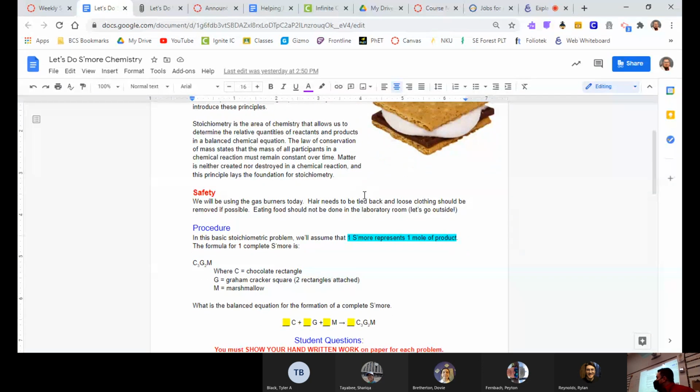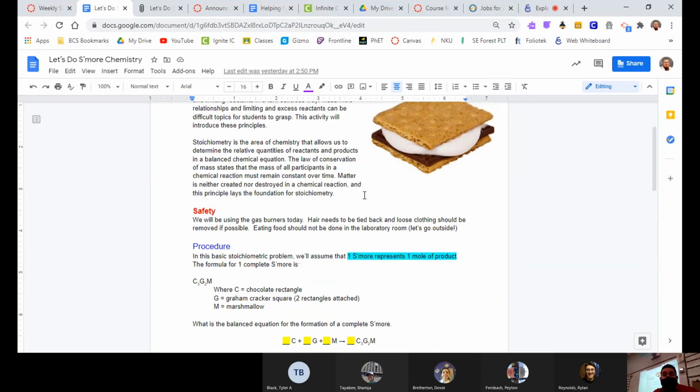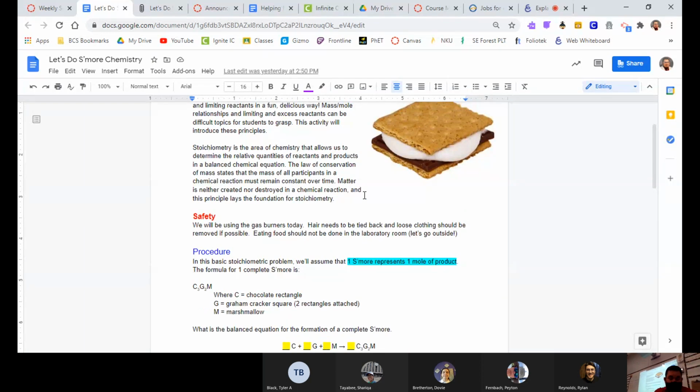Today we will be using a Bunsen burner outside. Be careful, obviously, anytime you're doing anything with fire. We're also going to have a little snack, which you can probably guess what it is. We should not be in the laboratory, but we will be going outside. Also, all the equipment today is being used for the first time.